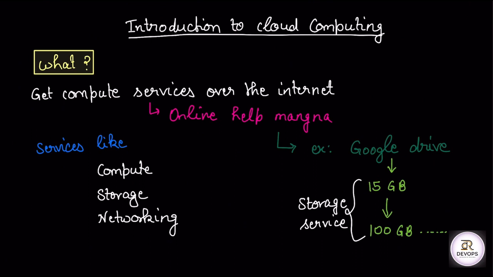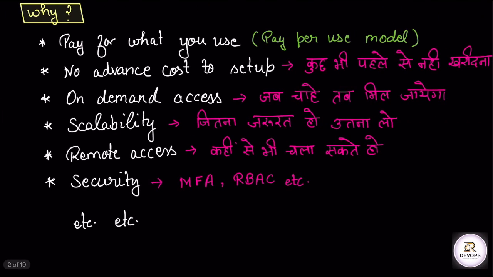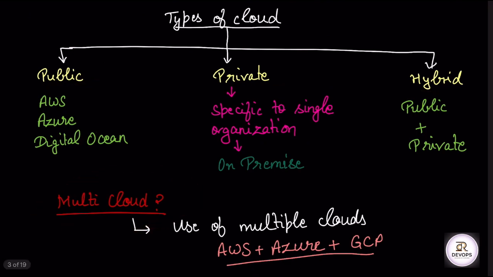So we have seen in the first video what is cloud computing, what kind of services they provide like compute, storage, networking. Then we have seen the benefits of cloud computing. After that we have seen types of cloud: public cloud, private cloud, hybrid cloud. Then what is multi-cloud.